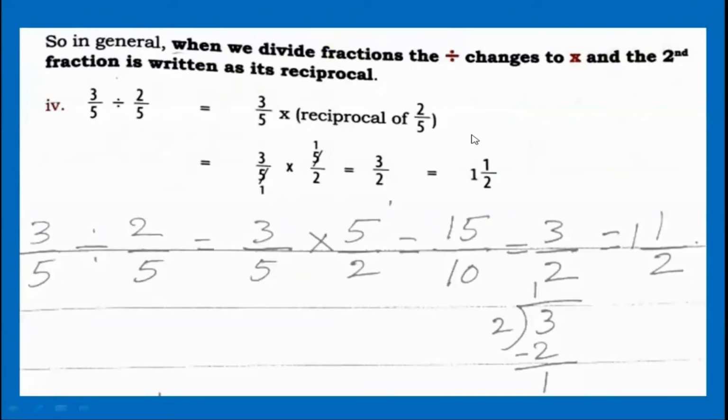That is equal to 3 by 5 into 5 by 2. We can simplify. So 5 divided by 5 is how many times? 1 time. So cancel 5 and write 1. So 3 ones are 3, 1 twos are 2. That equal to 3 by 2, which is 1 1 by 2, is our answer.